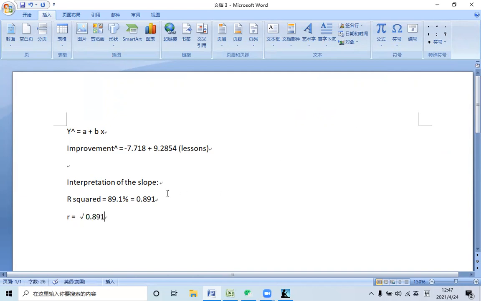You have to turn it into a decimal in order to get the square root. Square root of 0.891 is 0.94. That is a very strong positive correlation.